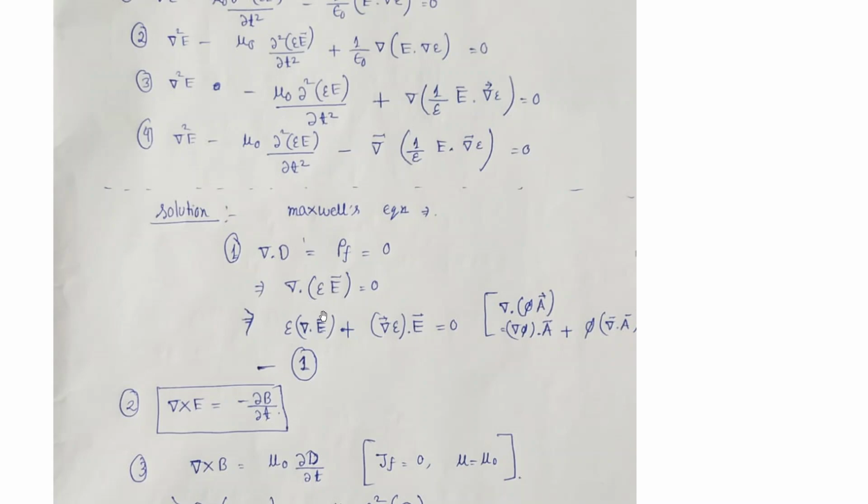Now carefully notice here, epsilon is a function of position and it is a scalar function, and E is a vector function.